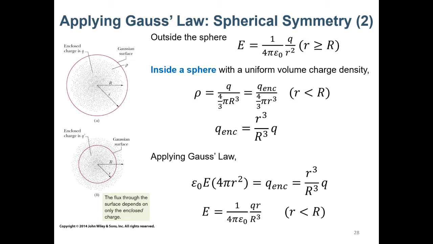The dimension of them should be the same, because if you consider the dimension, r over R cubed, r should have a dimension L. This one should have dimension L cubed. So if you cancel L, then it will be 1 over L squared.